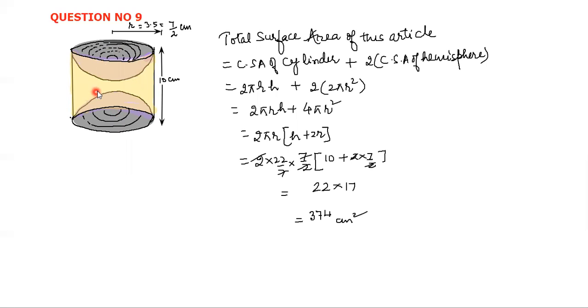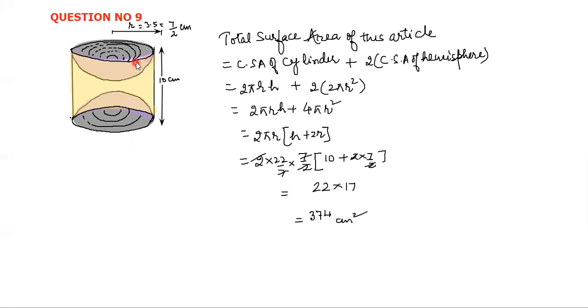If you want to find the total surface area of the solid, you have to consider how many surfaces you are able to touch. From outside, you are able to touch the curved surface area of the cylinder.